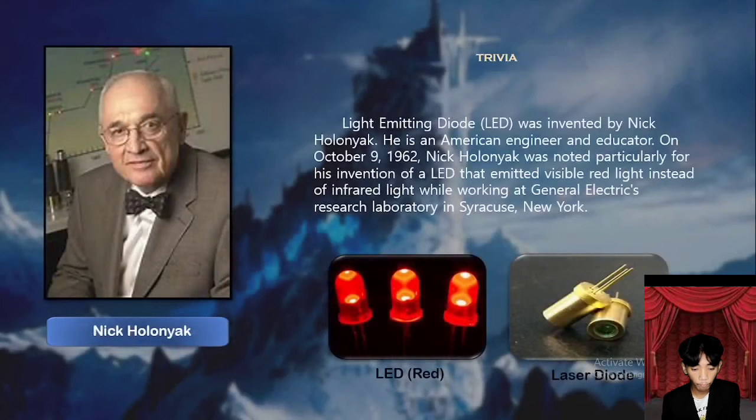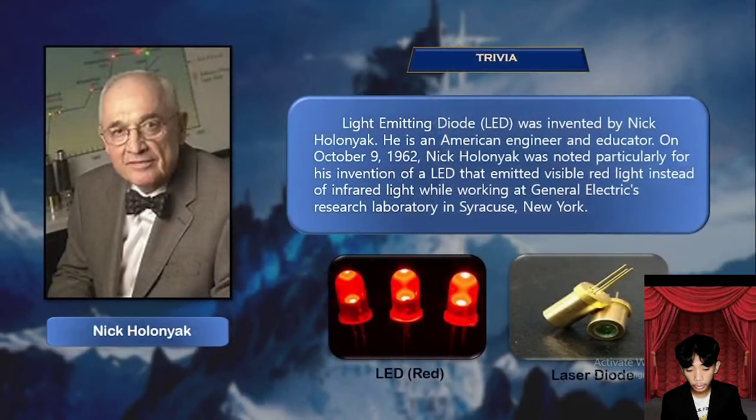Next slide. Short trivia. Did you know that the light emitting diode, or LED, was invented by Nick Holonyak? He is an American engineer and educator. On October 9, 1962, Nick Holonyak was noted particularly for his invention of an LED that emitted visible red light instead of infrared light.